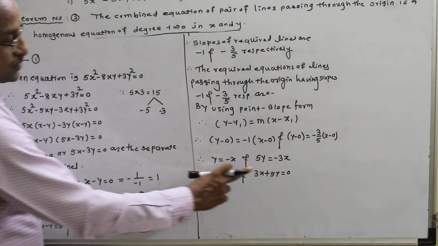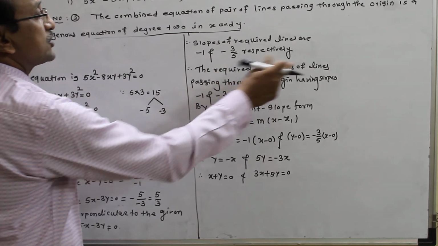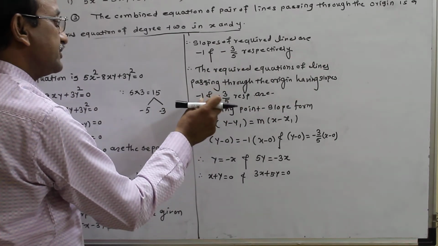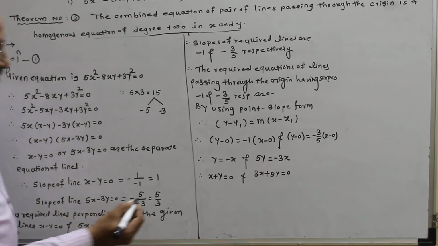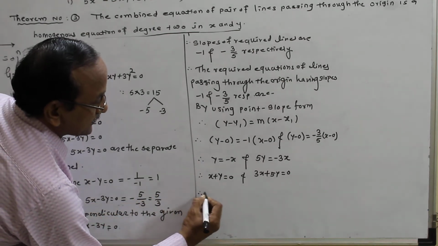So these are the two separate equations of the required lines passing through the origin having slopes minus 1 and minus 3 by 5. Now find their combined equation.